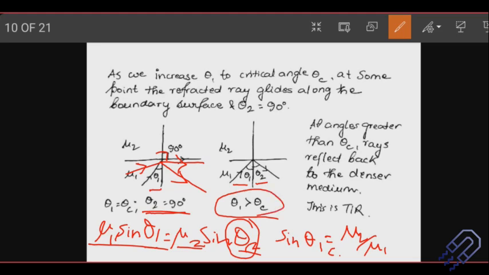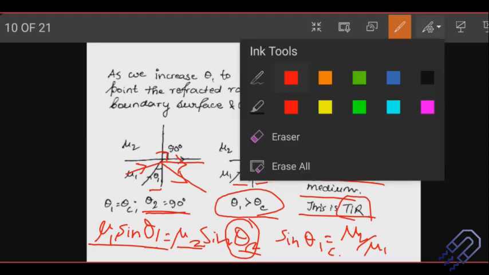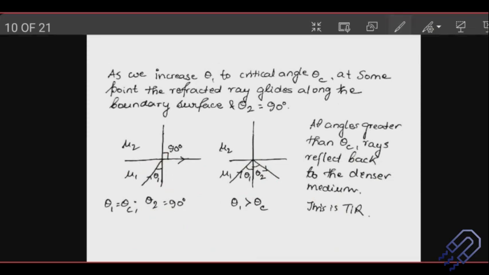Okay. So if it's greater than the critical angle, it is going to reflect back to the same medium. At angles greater than theta c, the rays will reflect back into the denser medium. This is what is total internal reflection. So don't write down the short form TIR, always write down the entire form, total internal reflection. Okay, so that's important.